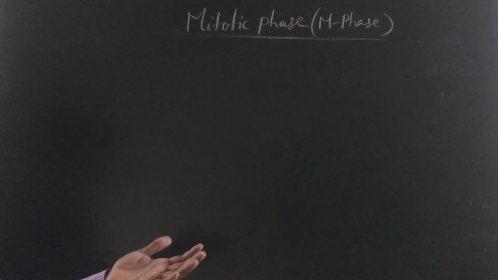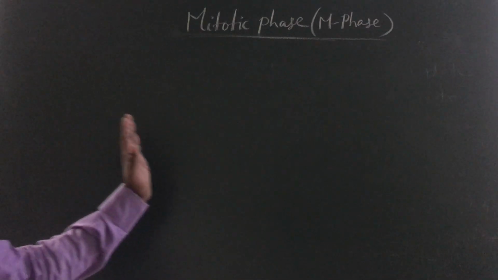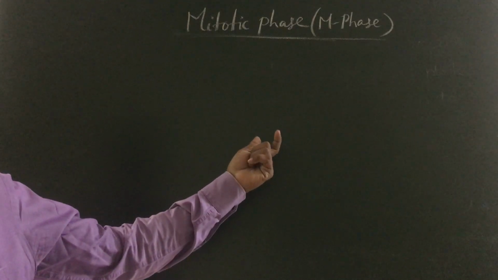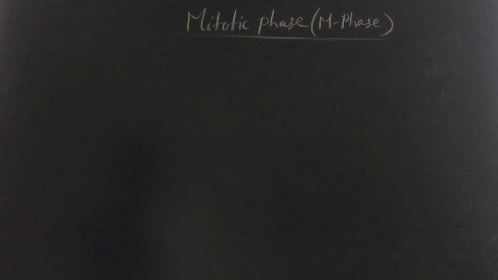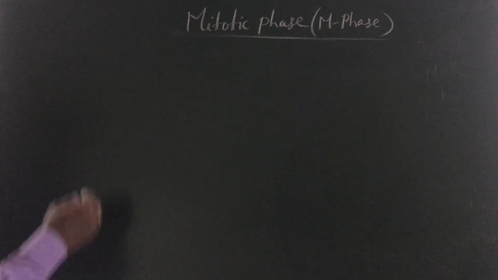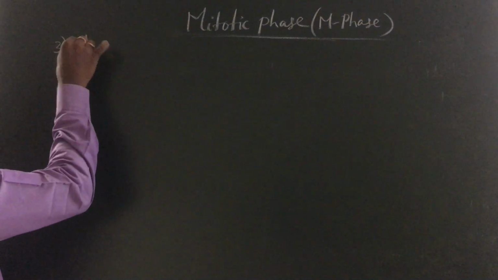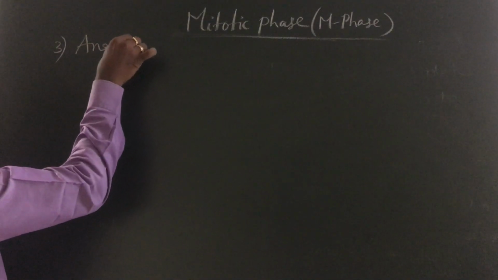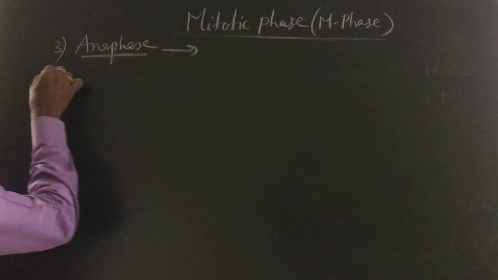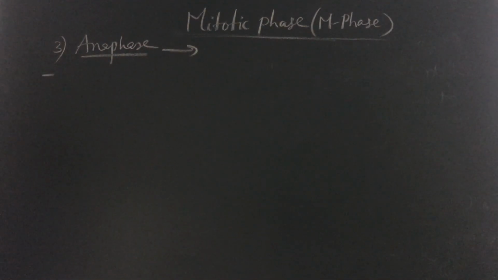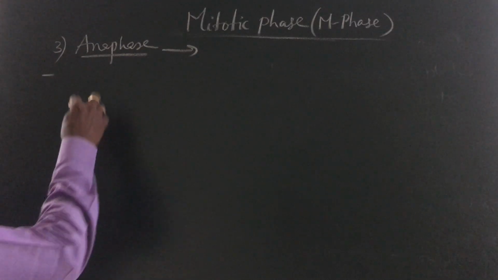Like that, all the chromosomes will get separated. When they are moving, the shapes of the chromatids will appear: V, L, J and I, which we studied in the previous classes. So in anaphase, the contraction of spindle fibers occurs.